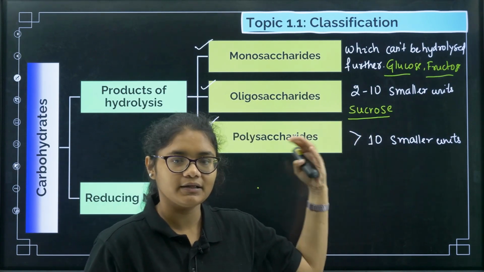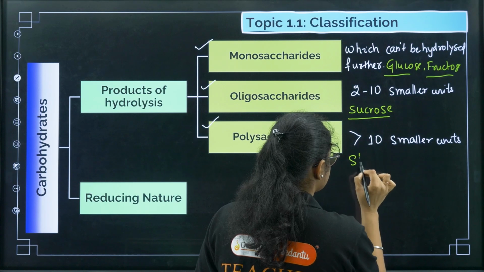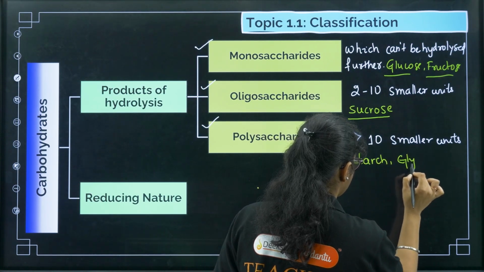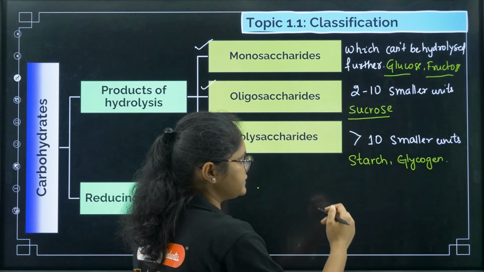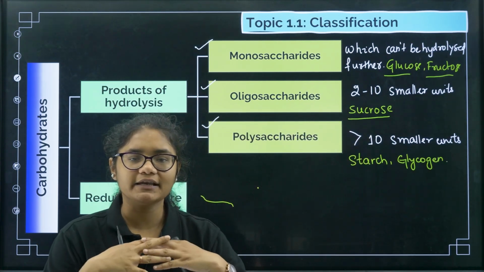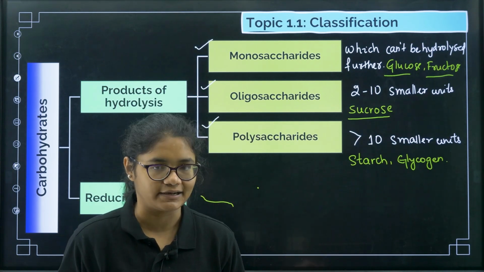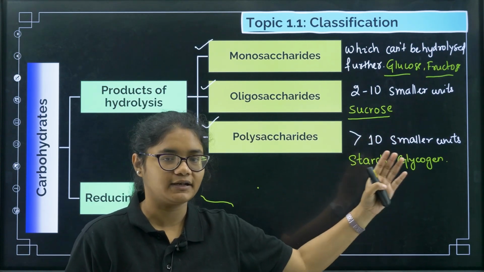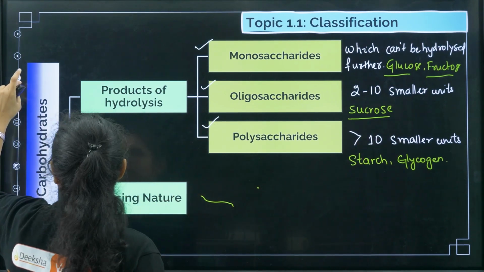We'll study about it in some time. Polysaccharides include starch and glycogen. If you break them, we get many monosaccharides, obviously greater than 10.